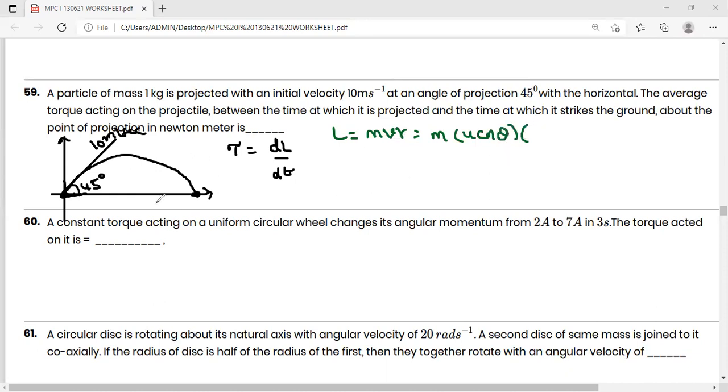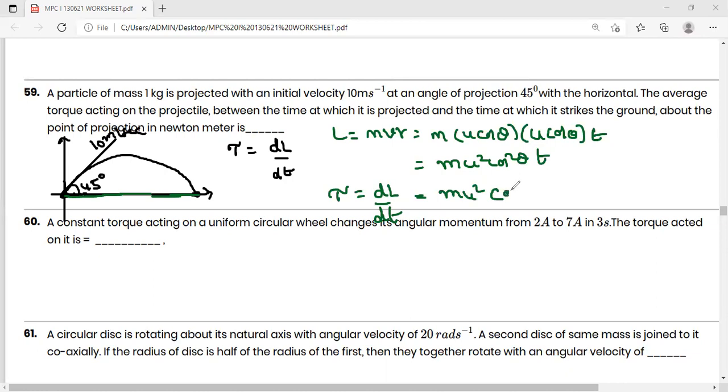And r, that is distance, horizontally is nothing but range only. The formula for range is u cos theta into time period, t. So the angular momentum is m u squared cos squared theta into t. But tau is nothing but dL by dt. By taking the derivative of this angular momentum with respect to time, that will be m u squared cos squared theta.